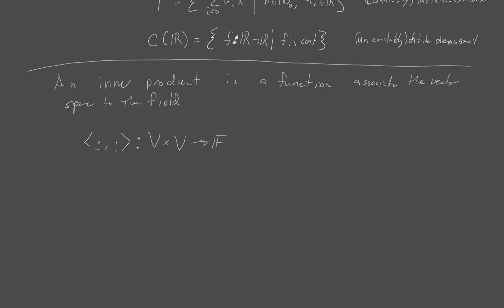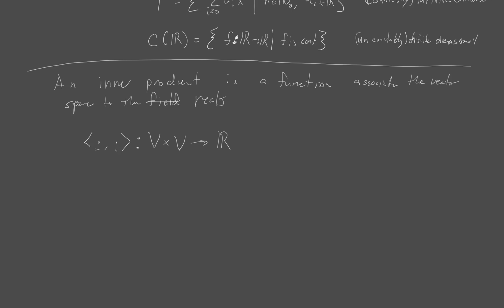Okay, there's a few things that need to happen for an inner product to actually be an inner product. So the inner product when the field is the reals, let's just write this down for the reals. So we're going to get a real number. We'll put the reals, because these do generalize, but things are a little bit different when you're dealing with the complexes, because you have to use conjugates and stuff like that.